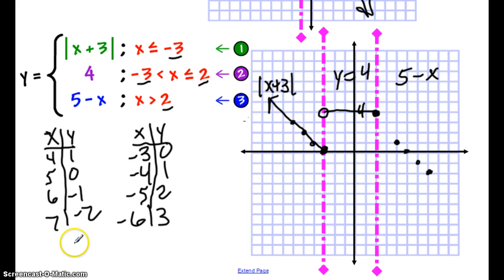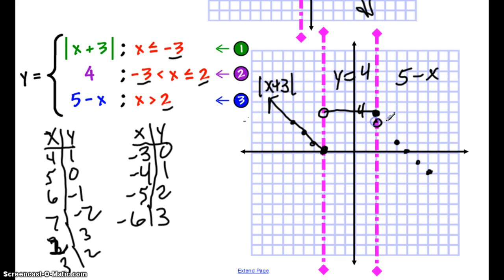Let's plug in 2 for giggles, and let's see what happens there. Plug in 2, and we're going to have 5 minus 2, which is going to be 3. And I think I forgot a point. Let's plug in 3, because I think that's somewhere around here. Plug in 3, you're going to have 2. So let's go to 2, 3.